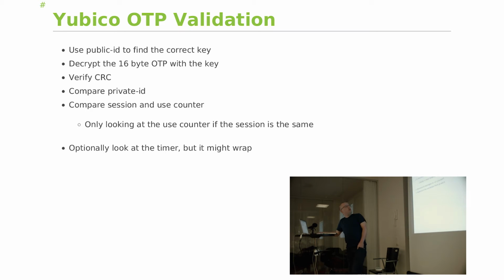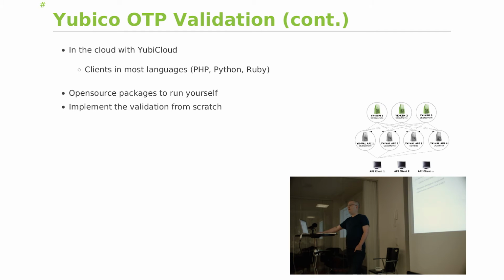So here we get into the interesting world of using a cloud-based validation. For the Yubico OTP, you can use Yubico's YubiCloud, which is a cloud-based validation service. The big upside of that is that the same key can be used with several services.